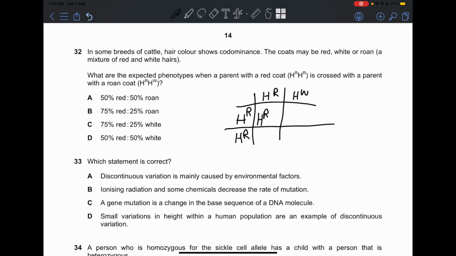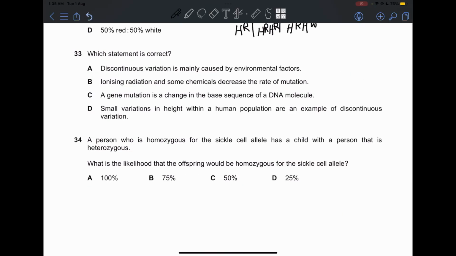So this will cross to produce HR and HW here, HR and HW here, and so on. So we have a 50% chance of getting a red coat and a 50% chance of getting a roan coat. So our answer is going to be A.